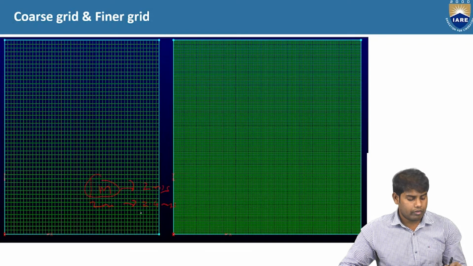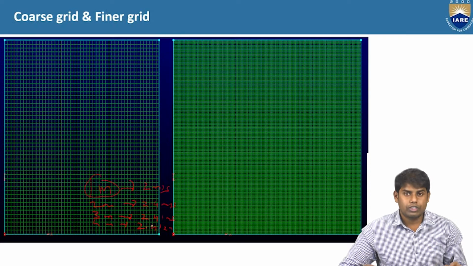Let's say with 2 million cells you have 2.4 meter per second. If you use 3 million, you have 2.41 meter per second, and if you have 4 million, you still have about 2.41 meter per second. So this is what you have.